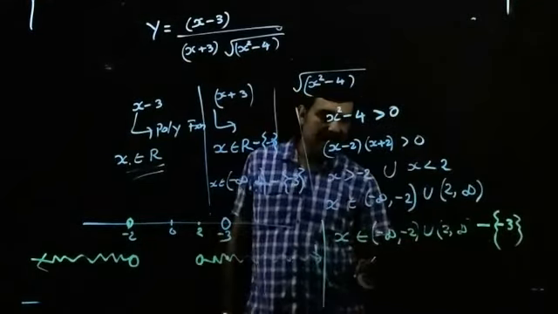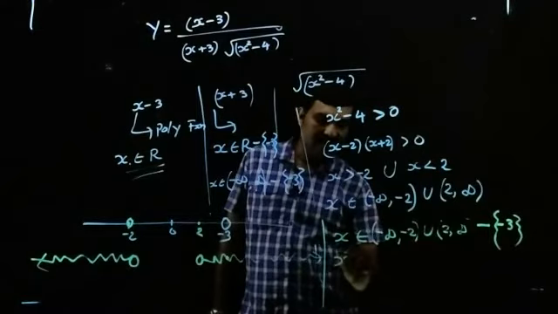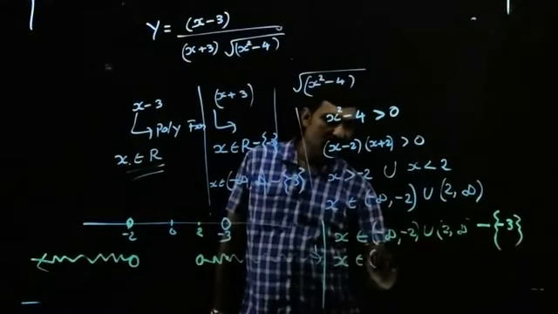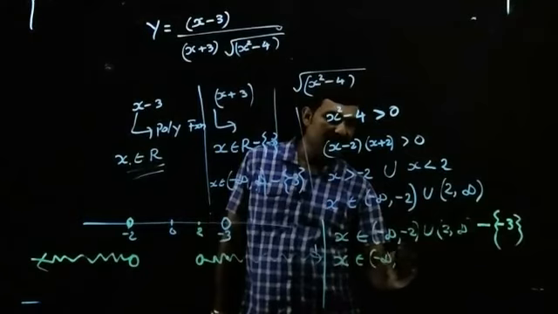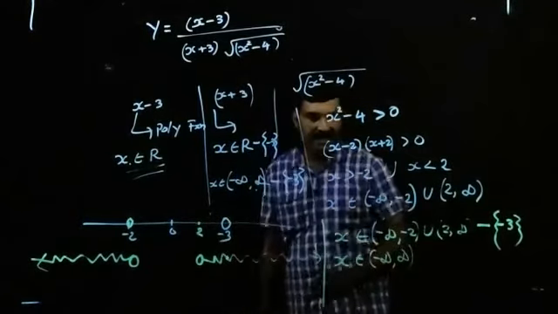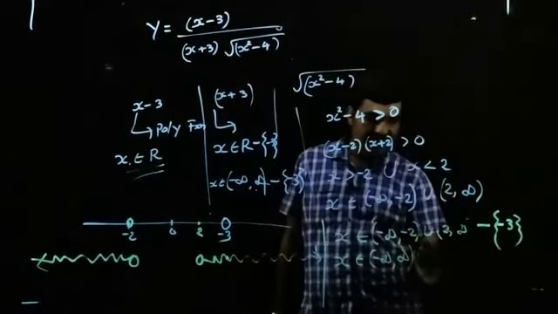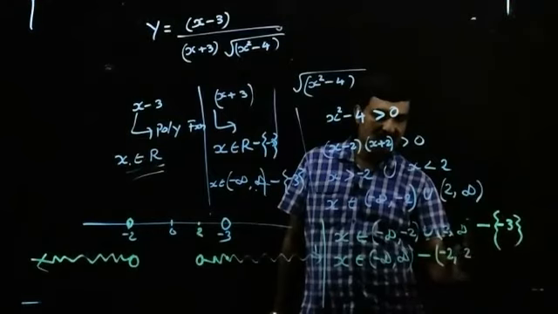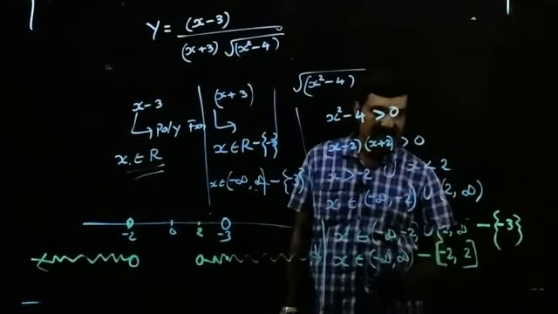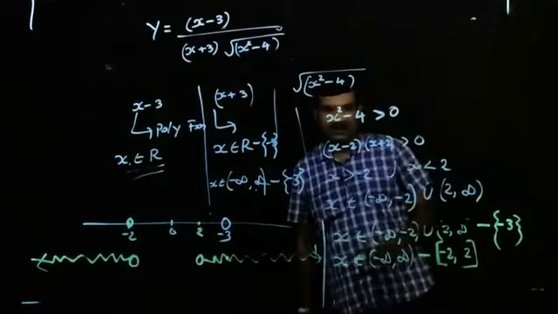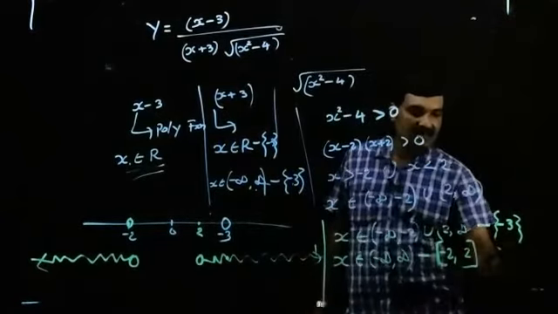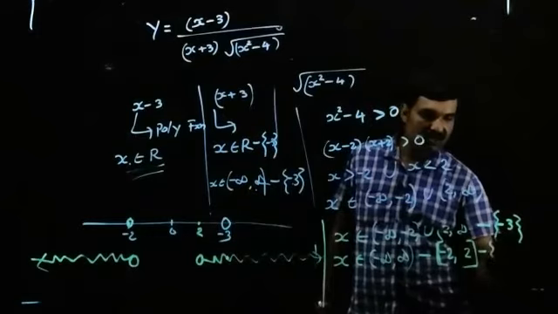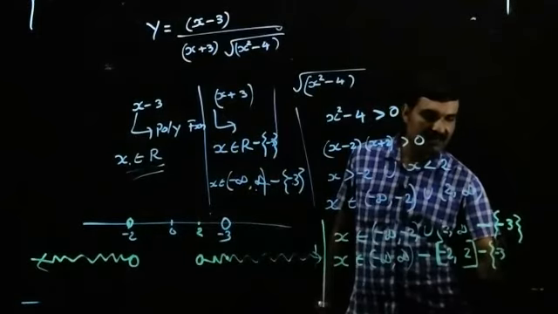Or we can say another way, x belongs to -infinity to +infinity, the set of all real numbers minus the numbers coming in between -2 and 2, where -2 and 2 are not included, and also minus the set of -3.